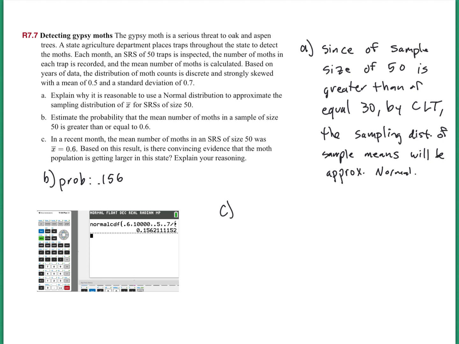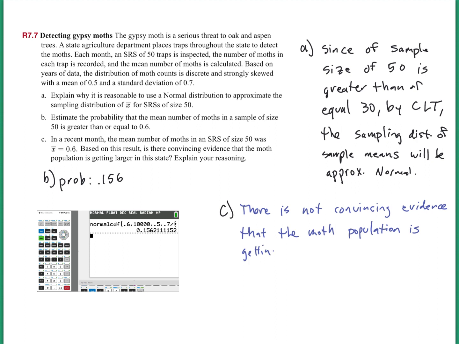So is there convincing evidence? There will not be convincing evidence that the moth population is getting larger in this state.